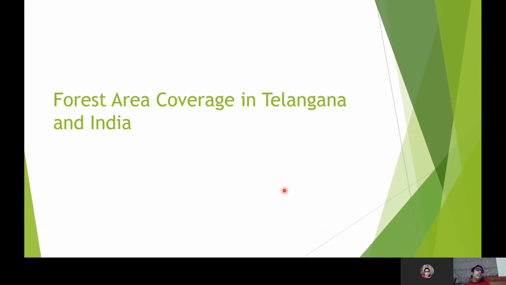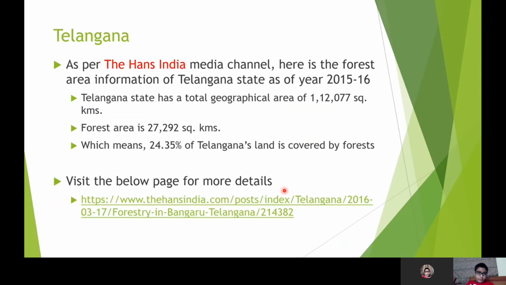Now we'll see the forest area coverage in Telangana and in India. As per the Hans India media channel, here is the forest information of Telangana state as of year 2015-16.